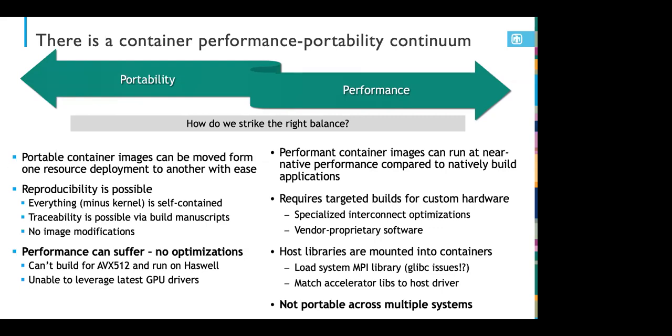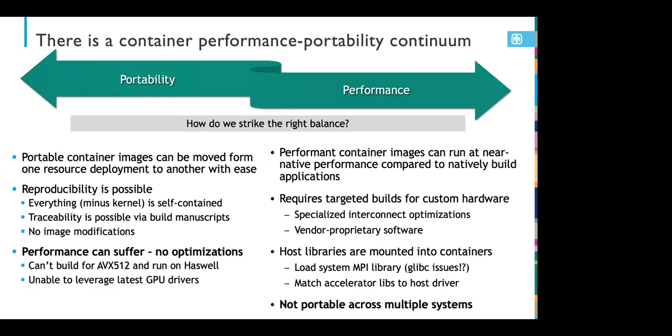And so we really want to start making sure developers focus on what they're trying to do in terms of a deployment strategy. Are you going to focus on a portable solution? You're really going to care about reproducibility, and you're okay making some performance sacrifices, building for a lower target ISA, and maybe not worrying so much about leveraging the latest GPU drivers, for instance.